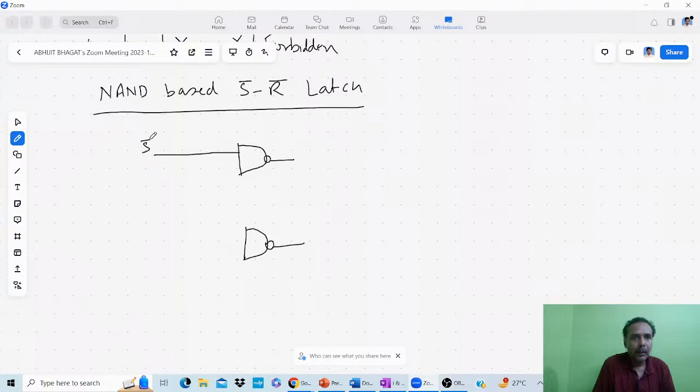This is S bar, where S is for set, and there is R bar, where R is reset.